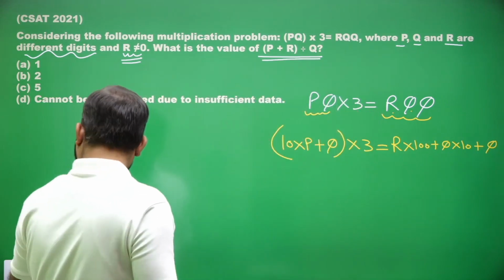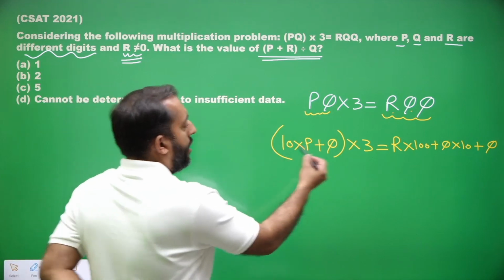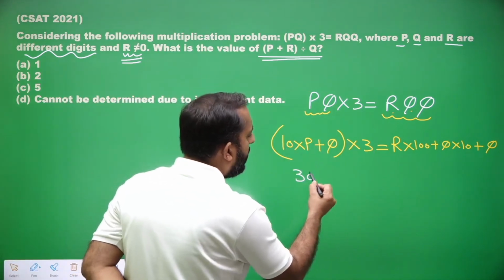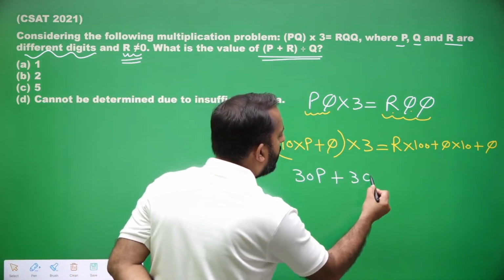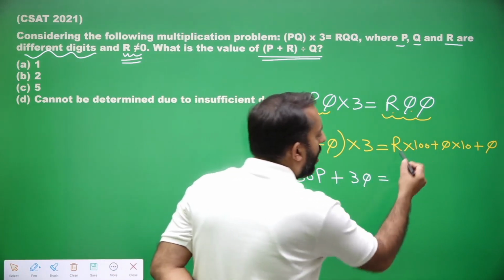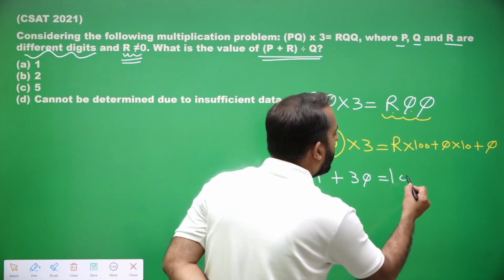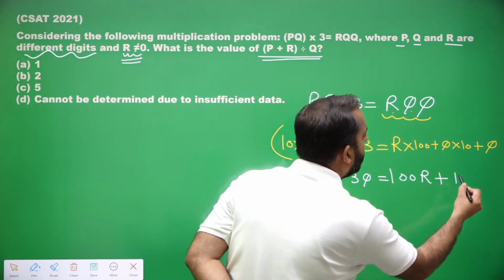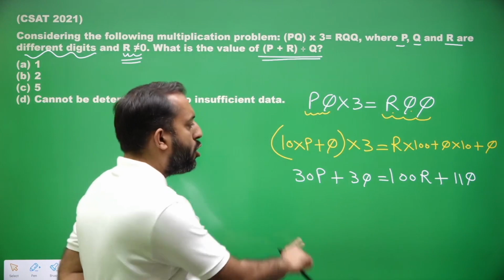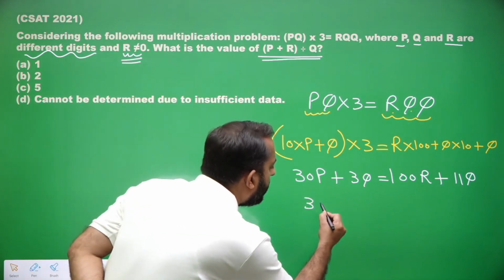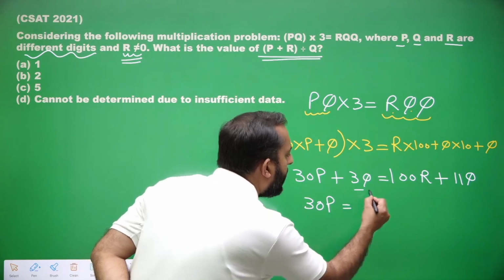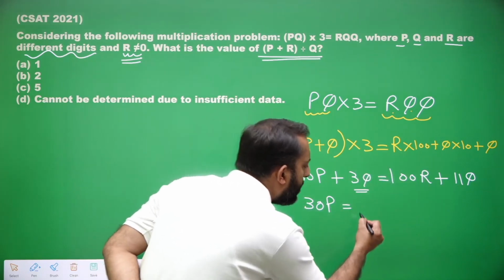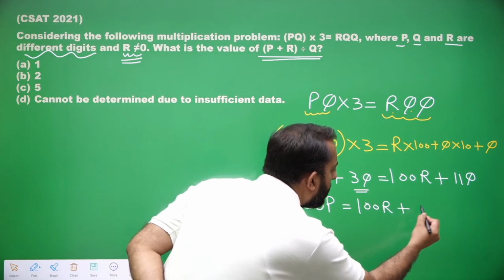Okay, let's solve this further. It becomes 30P plus 3Q equals 100R plus 11Q. Solving this further, taking the 3Q to the other side of the equality, 30P equals 100R plus 8Q.